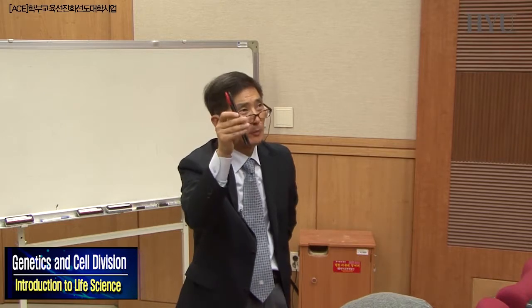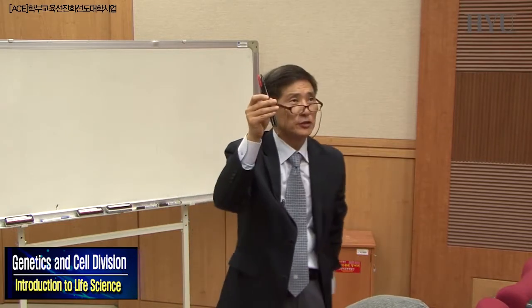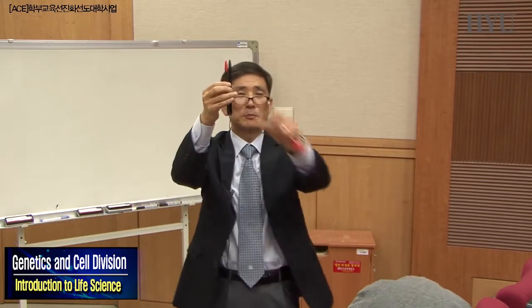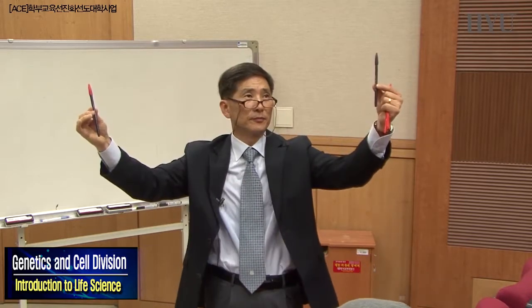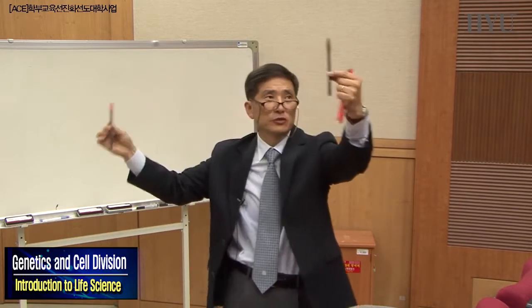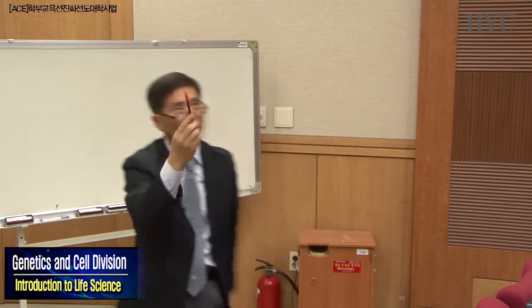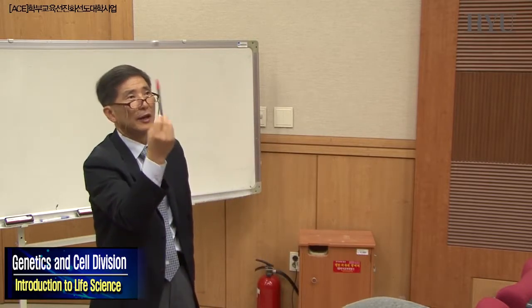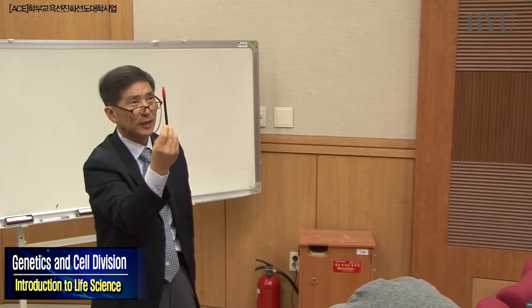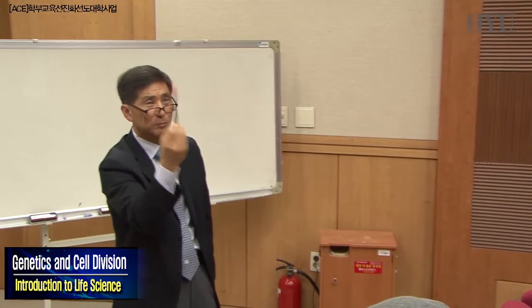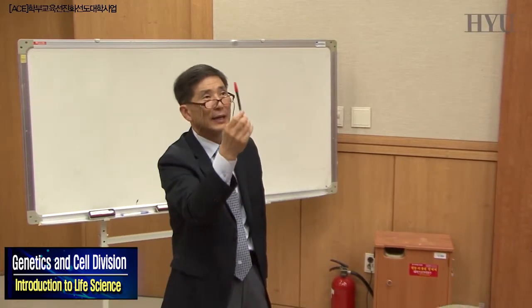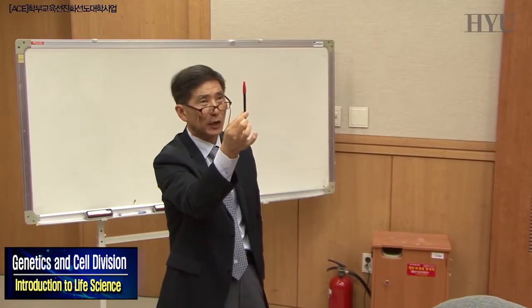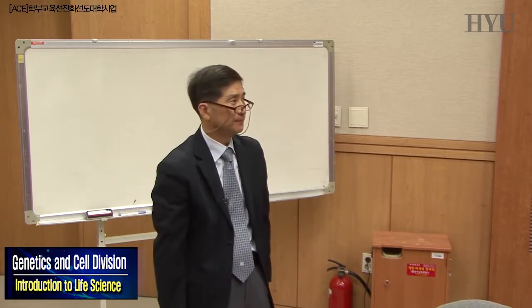That's meiosis 1. Meiosis 2 is simple. Just split between these 2. Meiosis 2 is just split into 2. At the end, what do you have? Haploid. At the end, your sperm and egg has 1 set of chromosomes. Question? Clear?